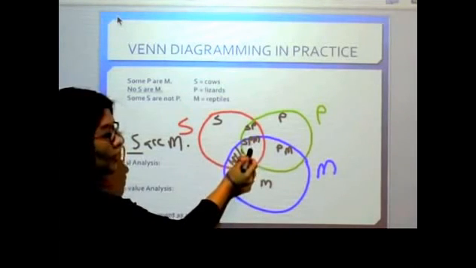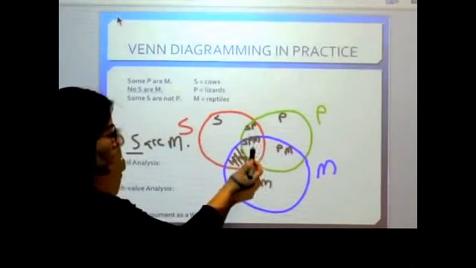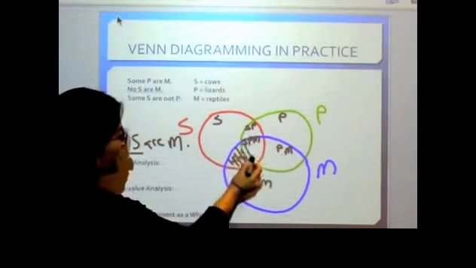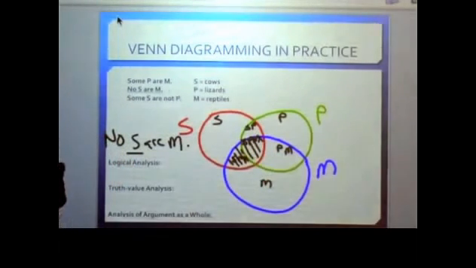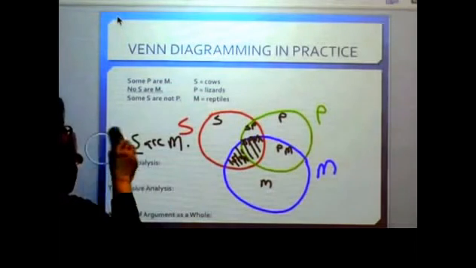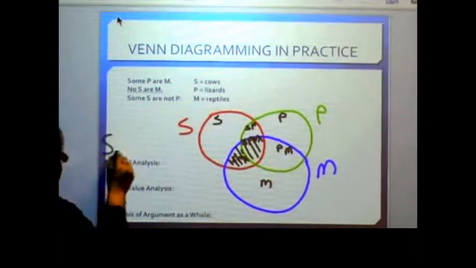And this area here that represents things that are S's and M's. Okay, it also happens to be a P, but we don't really care about that for this statement. Okay, it's still an S and an M. Okay, so we shade that as well. Okay, now we move on to our particular statement, which is some P are M.